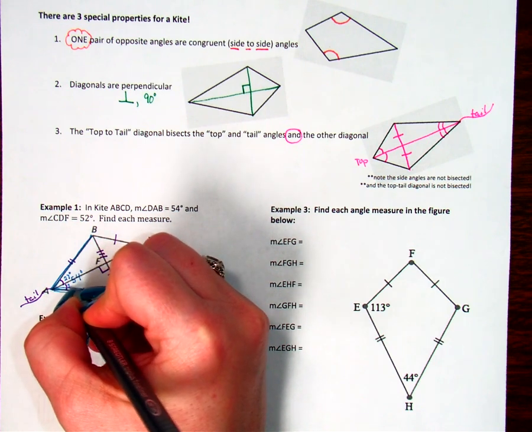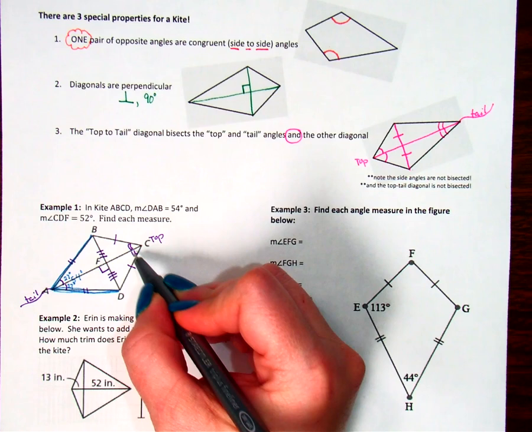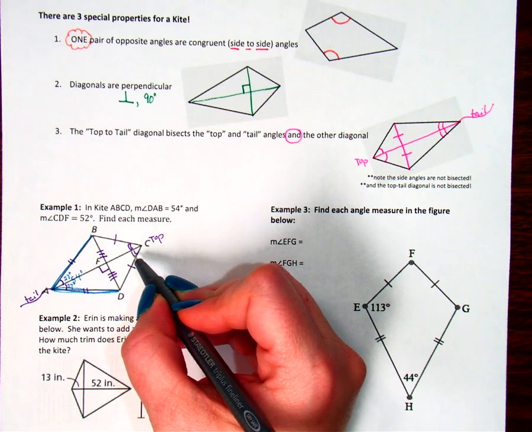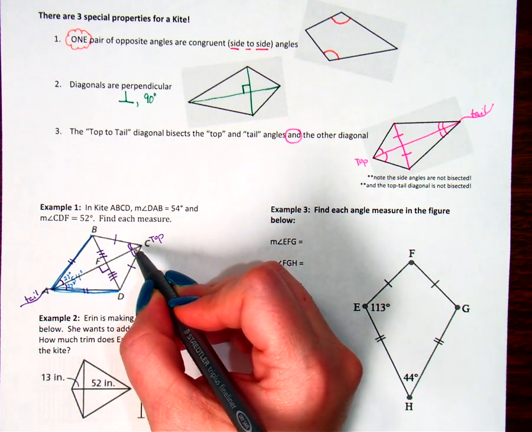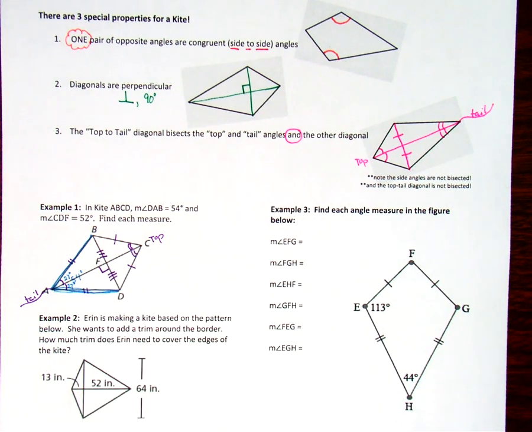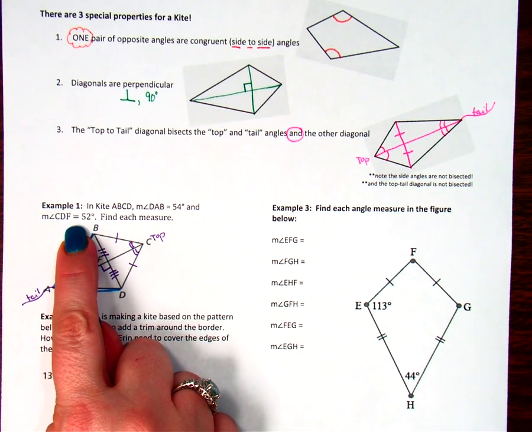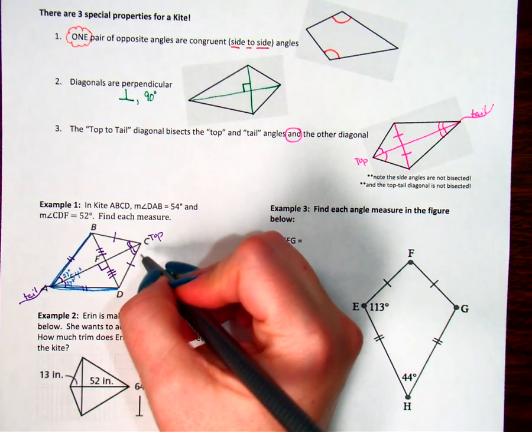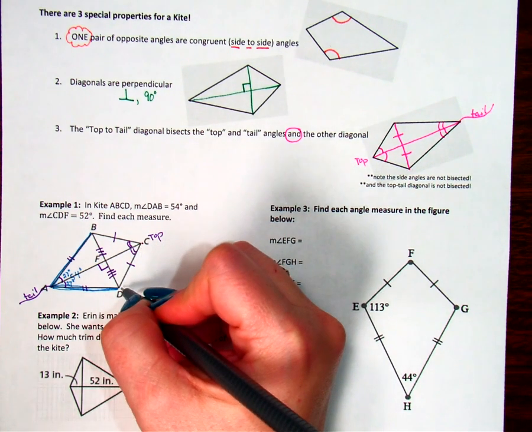These angles up here are not 27 and 27 because these angles on my top and my tail are different. Then the next thing it tells me is CDF is 52 degrees. F is in the middle.